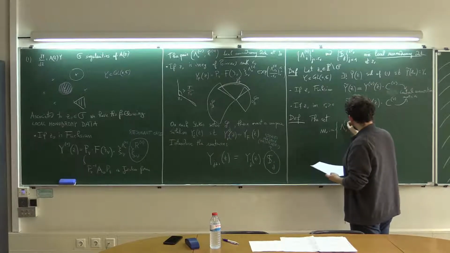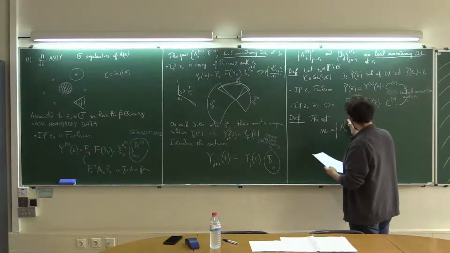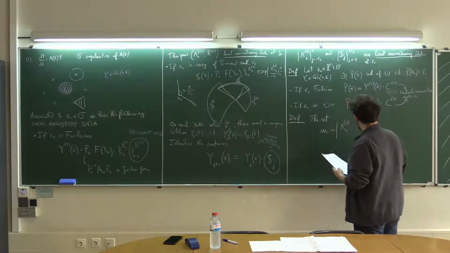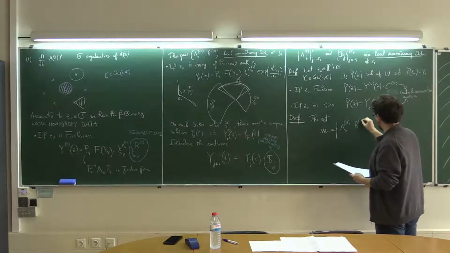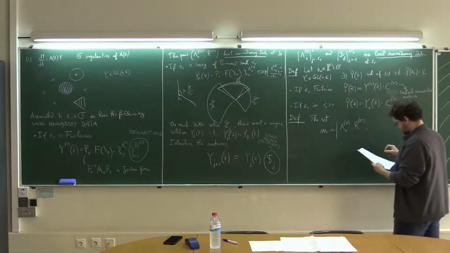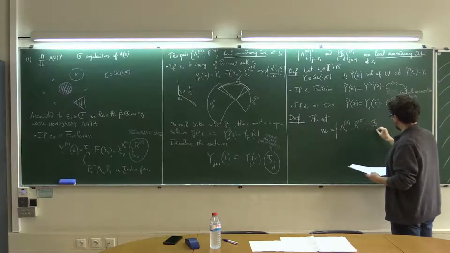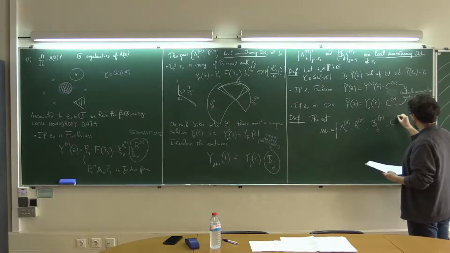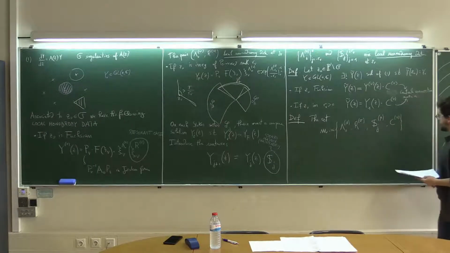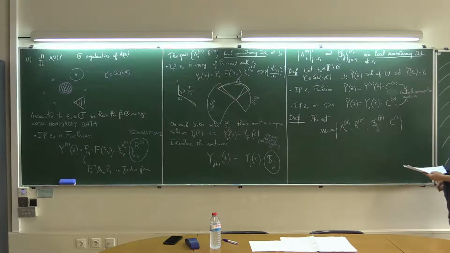So in this set I will have lambda 0 nu, the matrices sigma, the Stokes matrices S, j, nu, and also the central connection matrices C nu.